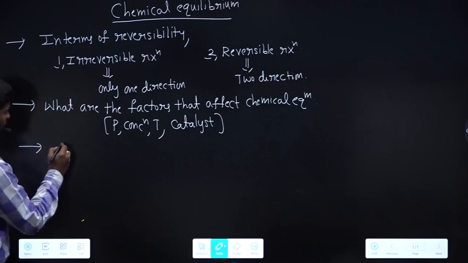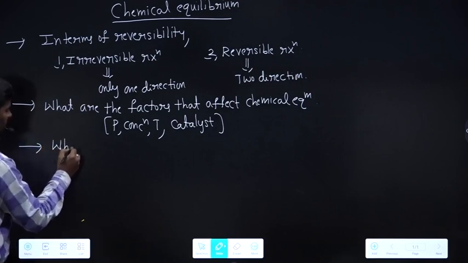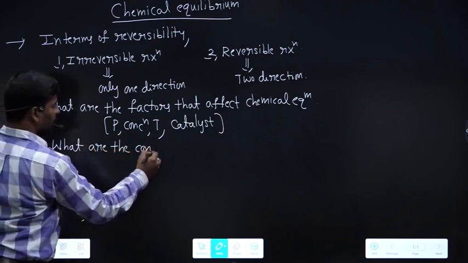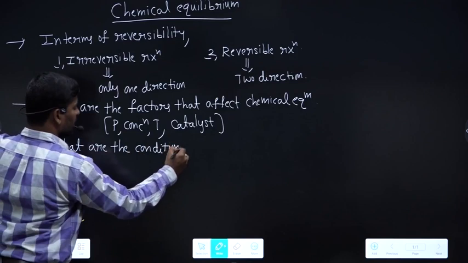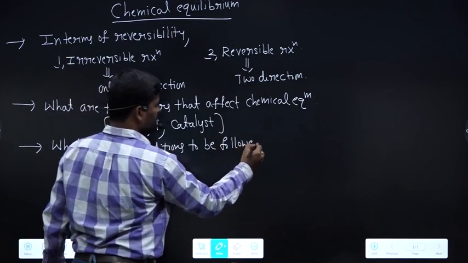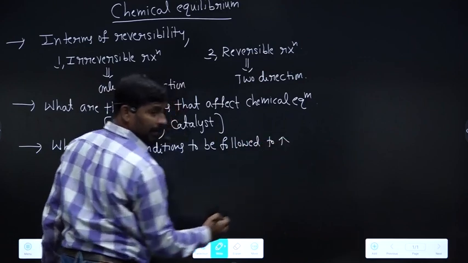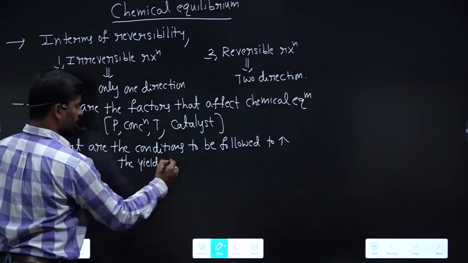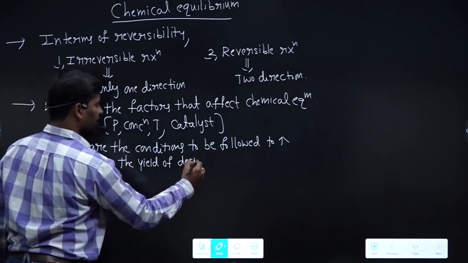What are the conditions to be followed to increase the yield of desired product?